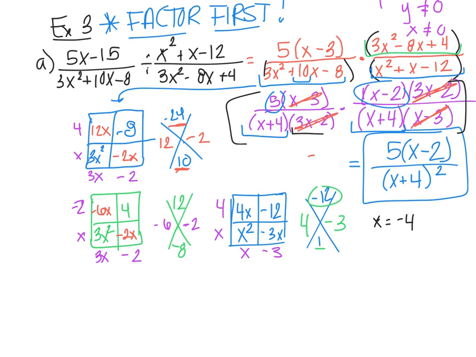We've got this, even though we canceled it, it still matters. So 3x minus 2, which means x cannot equal positive 2/3 because we would add that 2 and then divide by 3. We've got this x plus 4, which we've already accounted for right here. x minus 3, even though we canceled it, we know x cannot be positive 3.